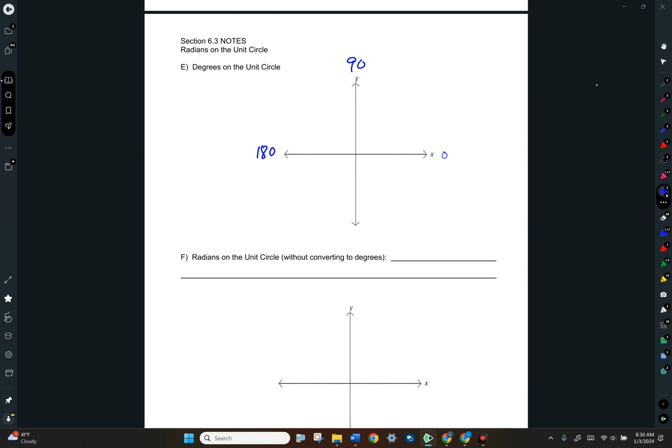Come down here, you're at 270, and then one full circle all the way around, you're back to 360. If I said how far is halfway into the first quadrant, that would be 45 degrees, because that's halfway between 0 and 90.